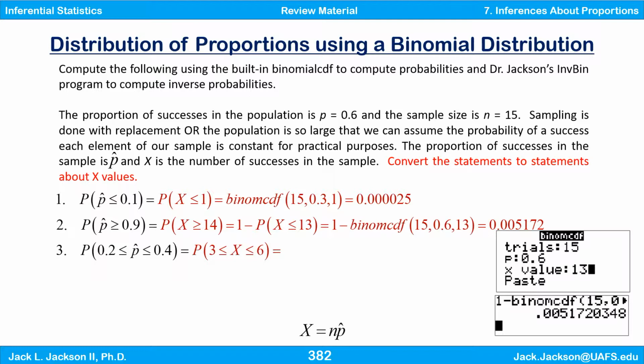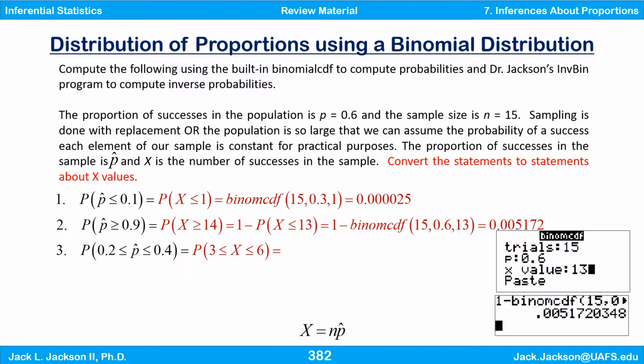So we do 1 minus the probability that x is less than or equal to 13. We take away 13 and down their probabilities. That leaves the probability for the items 14 and up, which is what we want. So that's just 1 minus the binomial CDF, 15, 0.6, 13, and that's 0.005172.